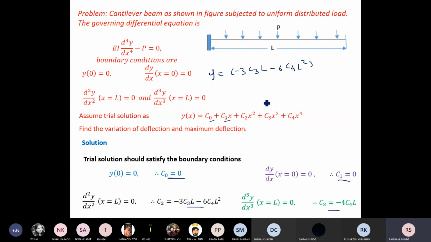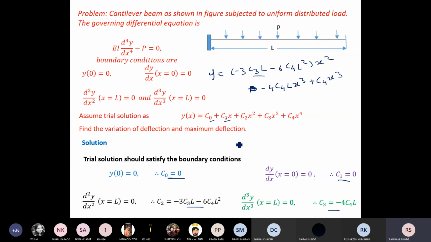This term is 0, into x square plus c3, in place of c3 I will put minus 4c4L, x cube plus c4x cube. Now you replace this c3 also by this one.